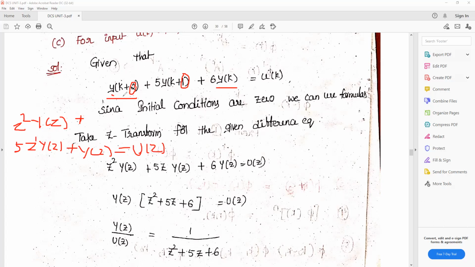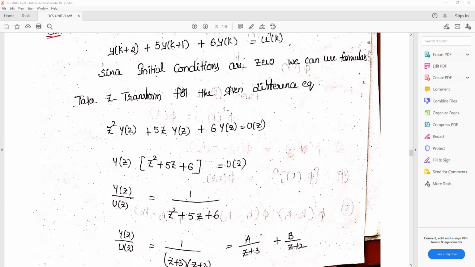So y of k plus 2 gives z square, k plus 3 means z power 3, k plus 4 means z power 4. The k plus term becomes the power when we apply the Z transform. So z square into y of z, 5z into y of z, 6 into y of z is equal to u of z.